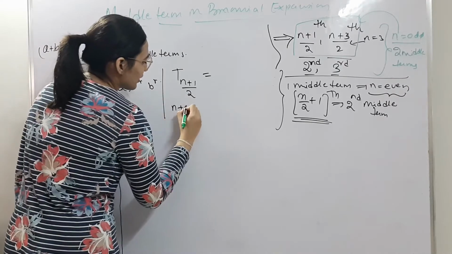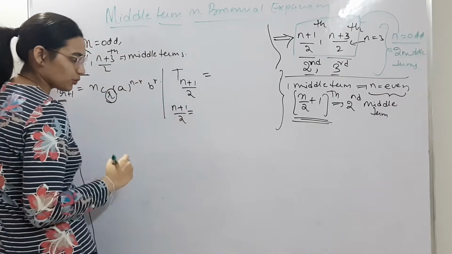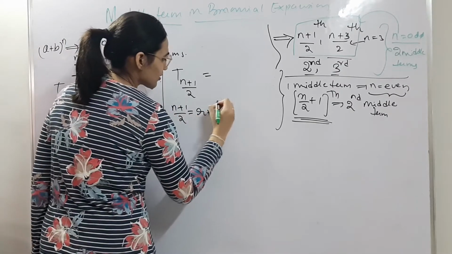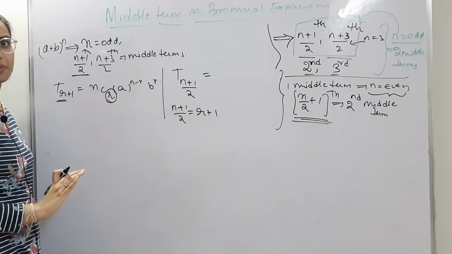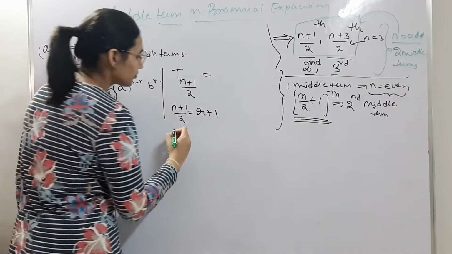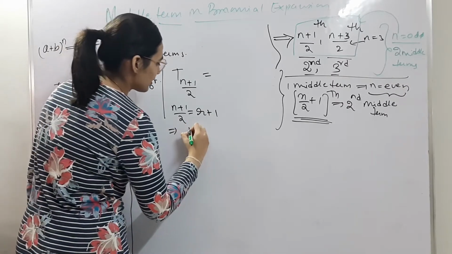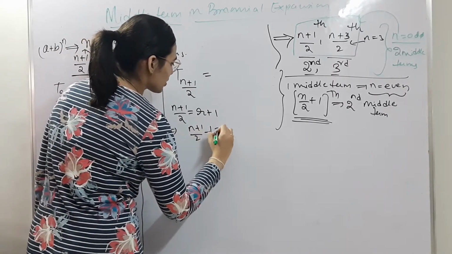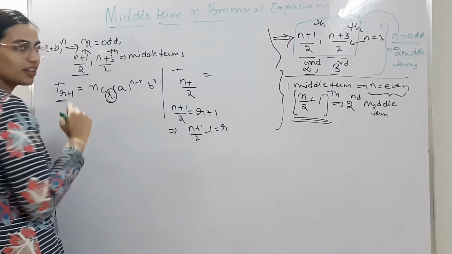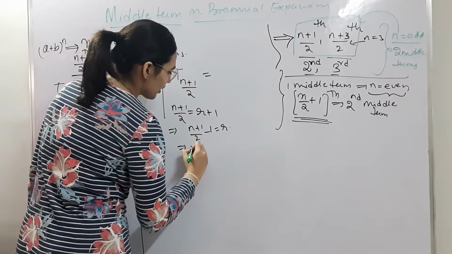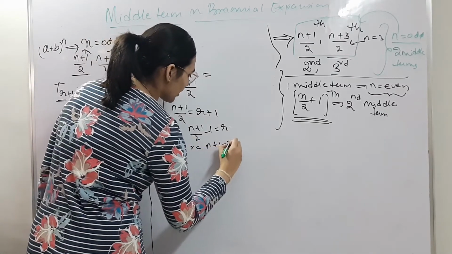We'll say that (n plus 1) by 2 is this, in short, because in T(r plus 1) we'll substitute r plus 1 as (n plus 1) by 2, because we need to find that one. So how do you get this? (n plus 1) by 2 minus 1 is equal to r. If you do this, you'll get the rth term, or you can substitute this r here. So what do you get here? r is equal to (n plus 1 minus 2) by 2.